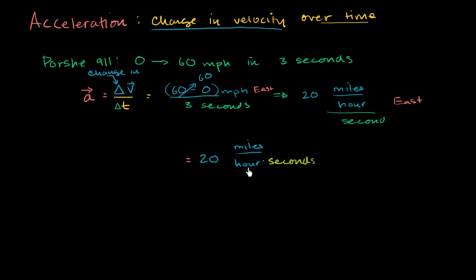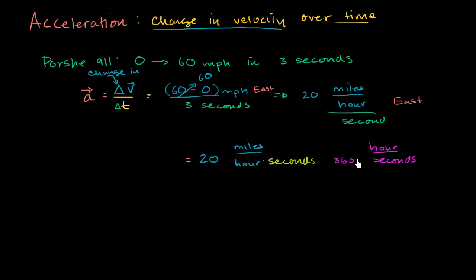But we can make this so it's all in 1 unit of time, although you don't really have to. You can change this so that you get rid of maybe the hours in the denominator. And the best way to get rid of an hour in the denominator is by multiplying it by something that has hours in the numerator. So hour and seconds. And here, the smaller unit is the seconds.